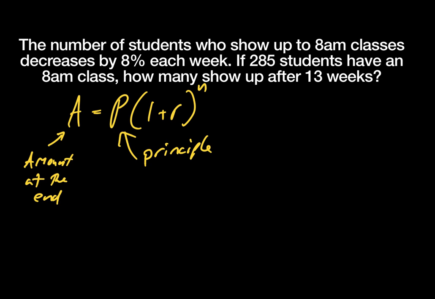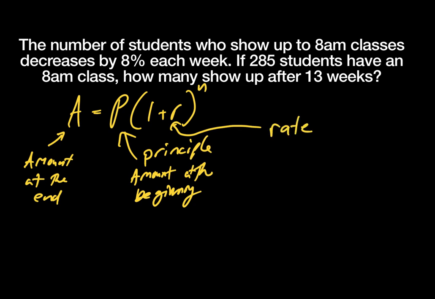Principal is what you start with, so the amount at the beginning. R is the rate, a percentage. And we have to remember, if it's growth, it's addition and R is positive. If it's decreasing or decay, R is negative.